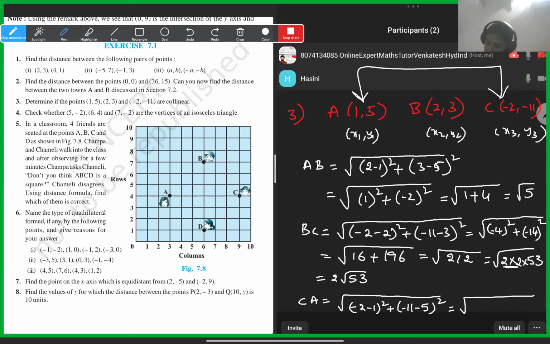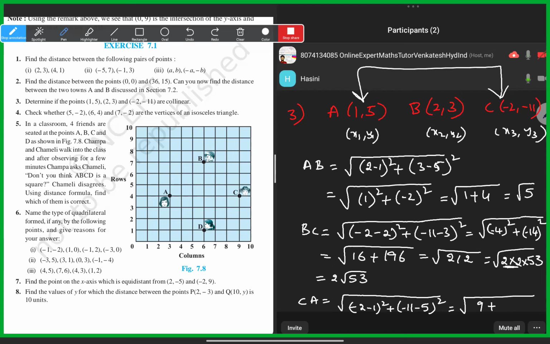Minus 2 minus 1 whole square is minus 3 square. It will become 9. Can I write directly, Hasni? Yes, sir.